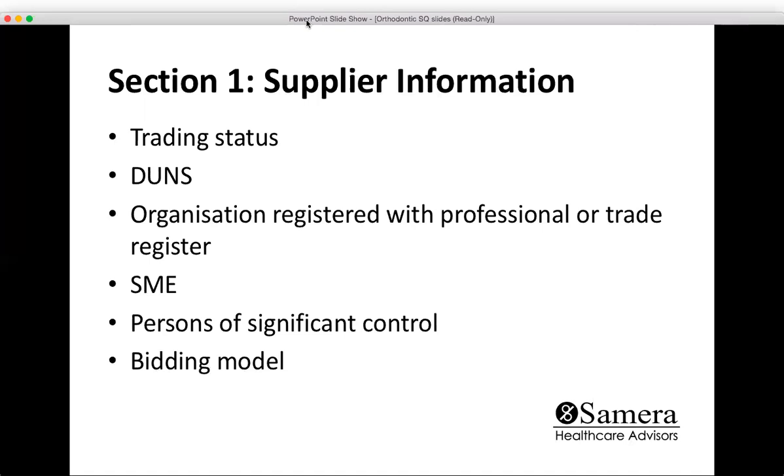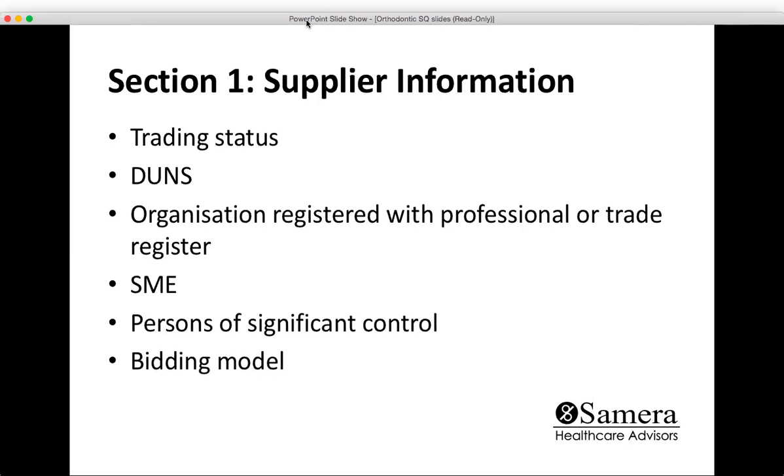So you will have a DUNS number, but the risk rating is likely to be higher because you have got no trading history. But the commissioners are being very kind, and they're giving you an opportunity to put that information or other supporting information to mitigate that risk for them. Okay.